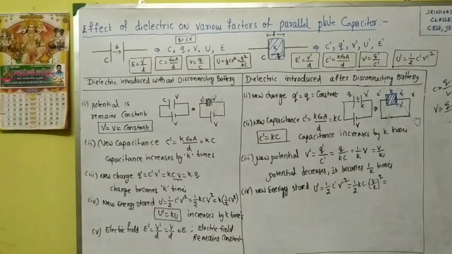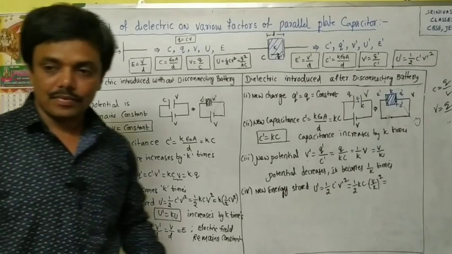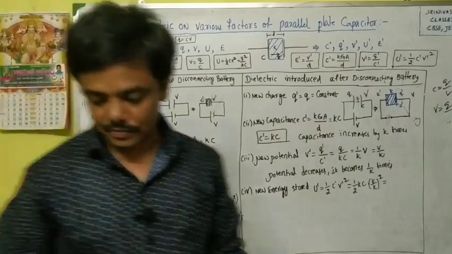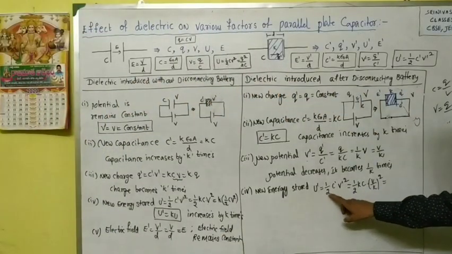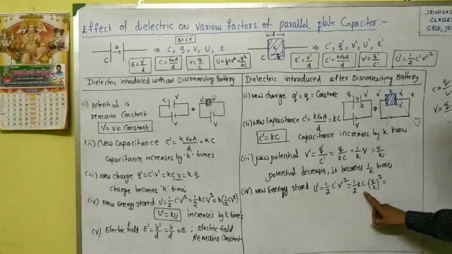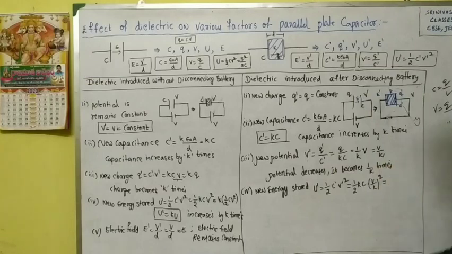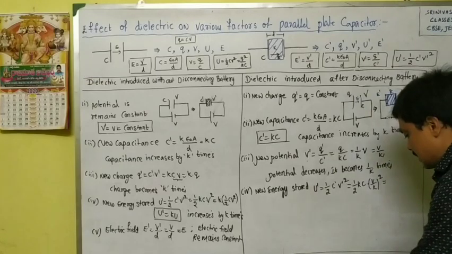U dash formula is half C dash V dash square. When you substitute C dash as Kc and V dash as V by K, what do you get? U dash is equal to half C dash V dash square, C dash is Kc and V dash is V by K.